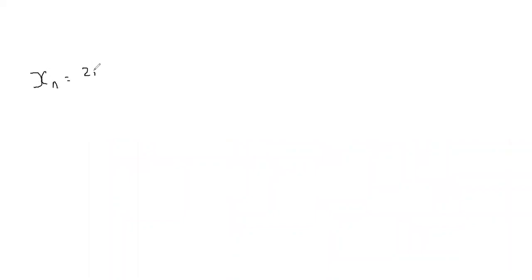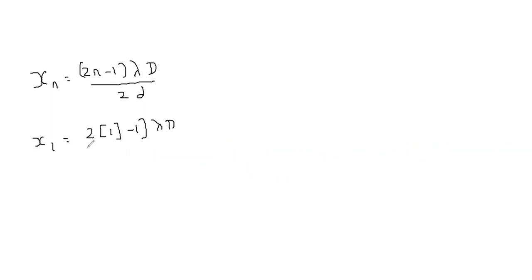So xn is equal to 2n minus 1 lambda capital D by 2 into small d. So what is x1? 2 into 1 minus 1, that is 1, so 1 lambda capital D by 2 into small d.